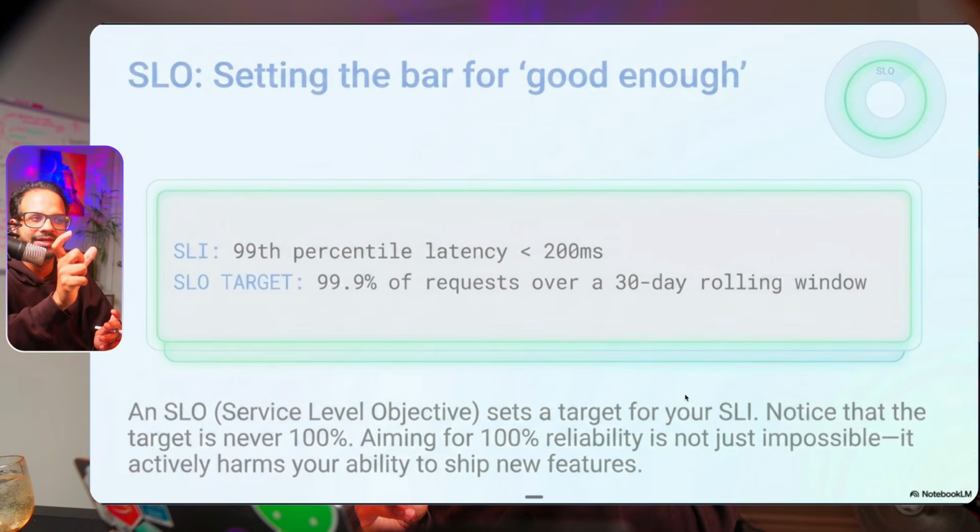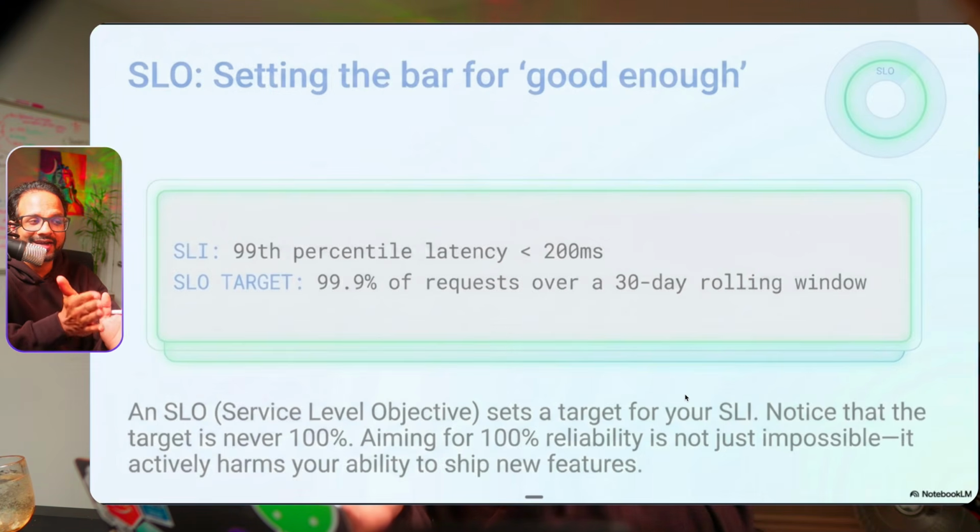So 99th percentile latency should be less than 200 milliseconds. But how would you measure it? That's your SLO. So that means 99% of requests over a 30-day rolling period, the latency of this should be less than 200 milliseconds. So that's your SLO target that you are aiming for. Okay. So SLO is the target that you set for your SLI.